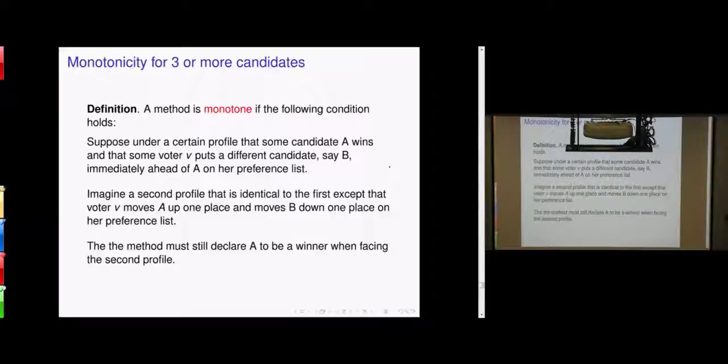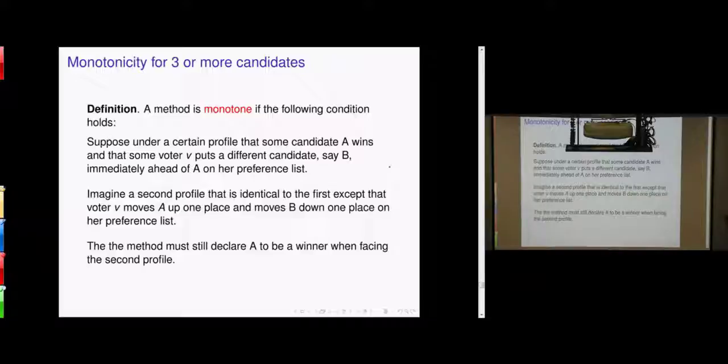Especially if you have two candidates, if you transfer some tickets from the loser to the winner, then the winner is still the winner. So if the method satisfies that, it's monotone. But here we don't have a clear divide of winner and loser, so the definition is this.